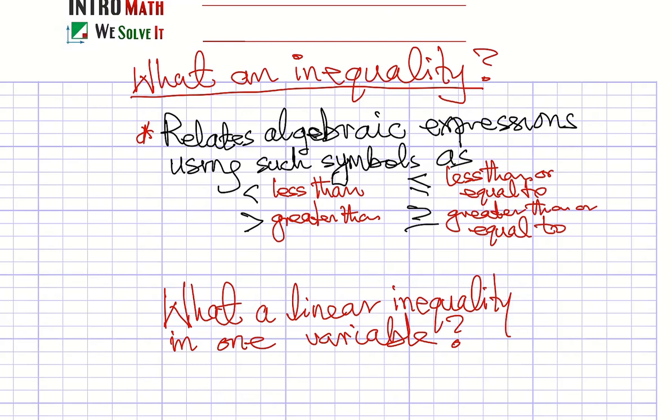So basically an inequality takes two algebraic expressions and tries to compare them. That's all that is saying. It compares them using either less than, greater than, less than or equal to, or greater than or equal to.